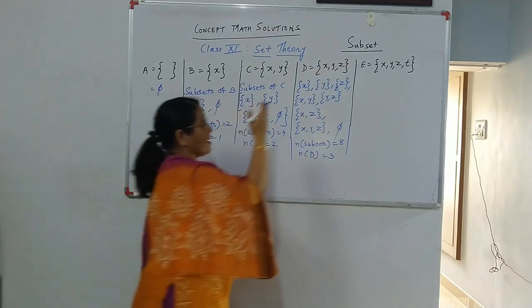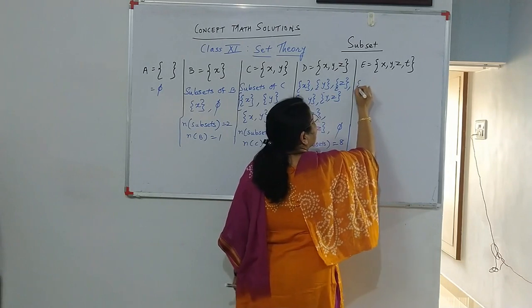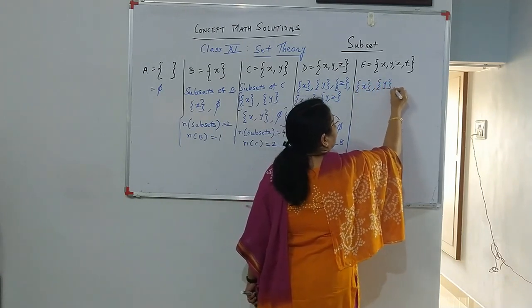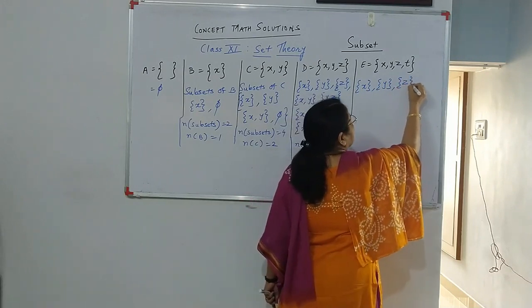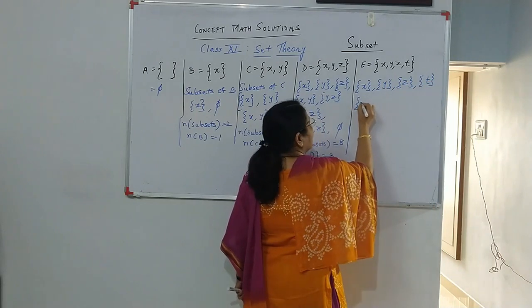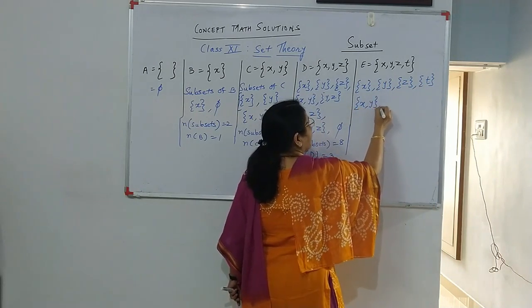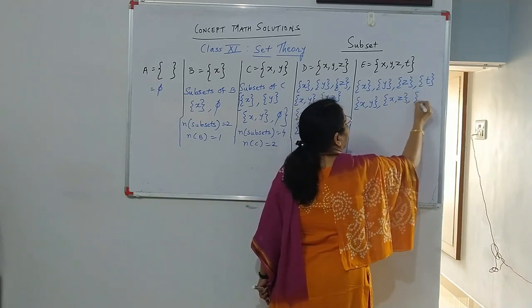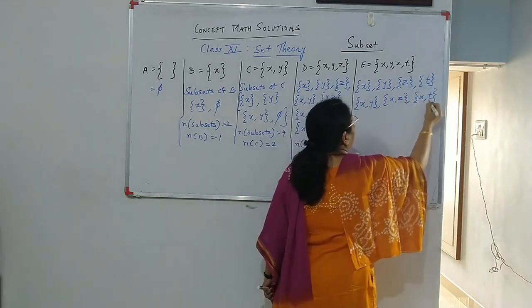Clear? Coming to this, if I list all the subsets, first is x, then it is y, then z, see the way to write, then it is t. Yes, then two elements: xy, then xz, then xt, fine.